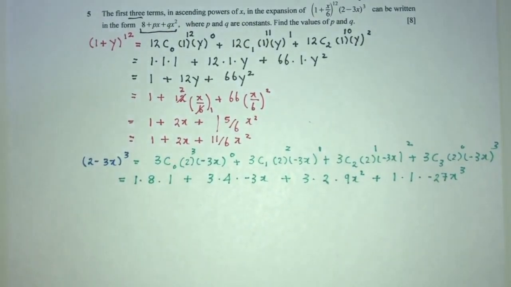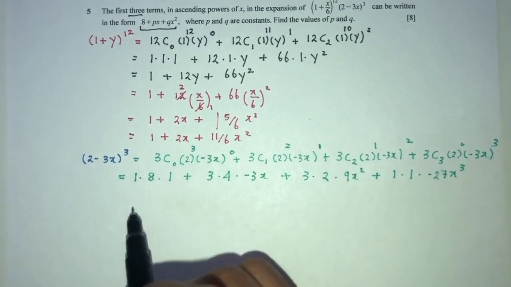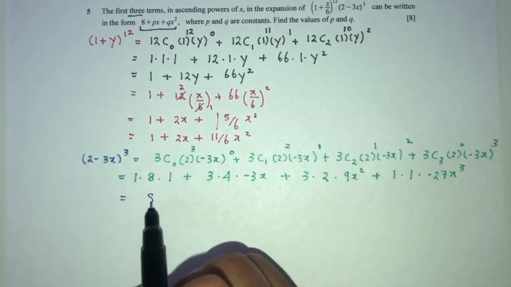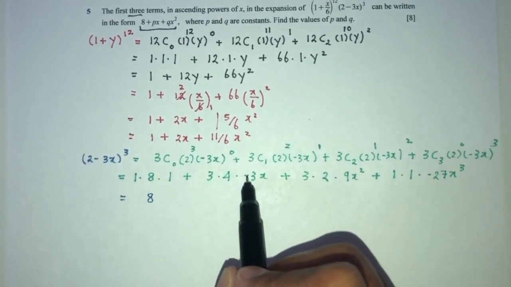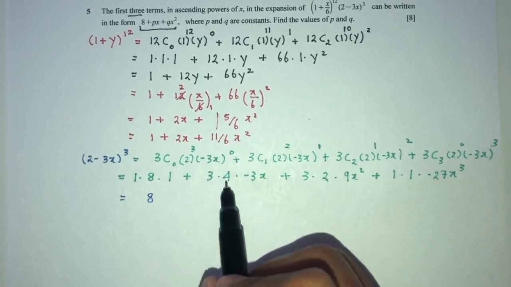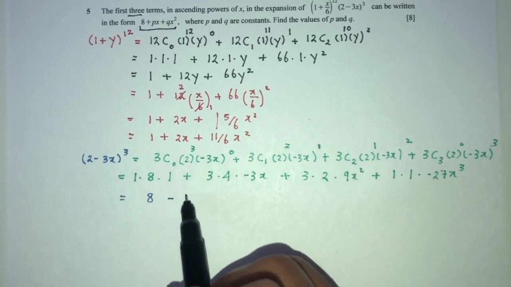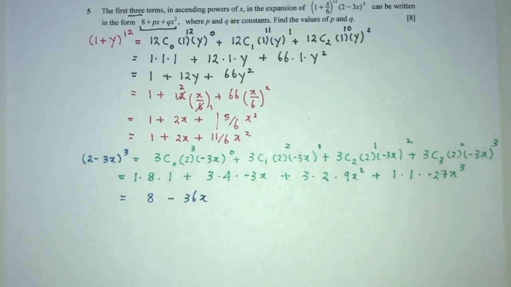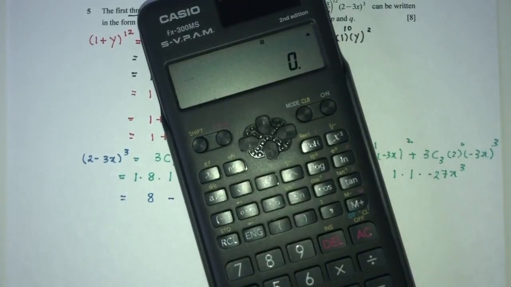So here what do we have? 1 times 8 times 1, that will be 8. And here we have minus, so minus 3 times 3, that should be minus 9. Minus 9 times 4 should be minus 36. Again, I would recommend using a calculator because you do not want to be making silly mistakes in those expansions, right?